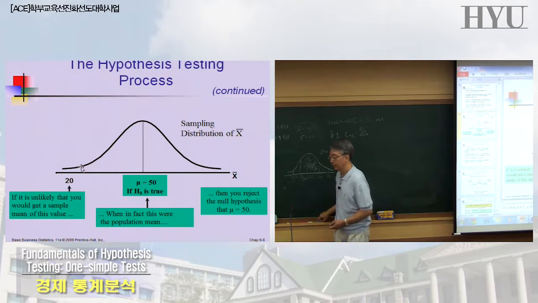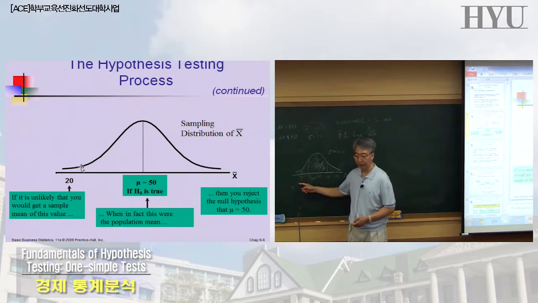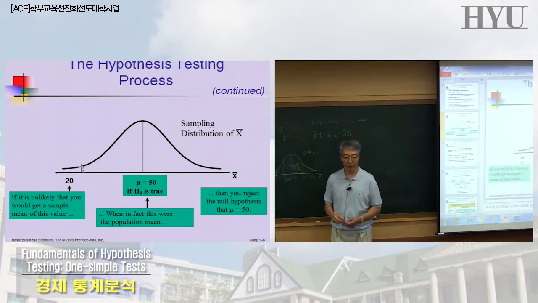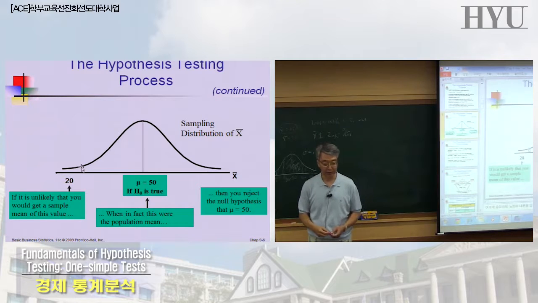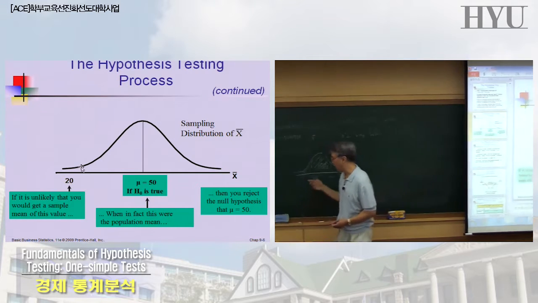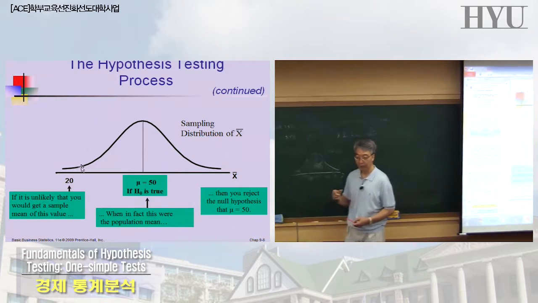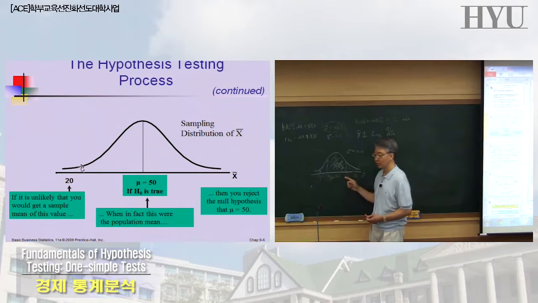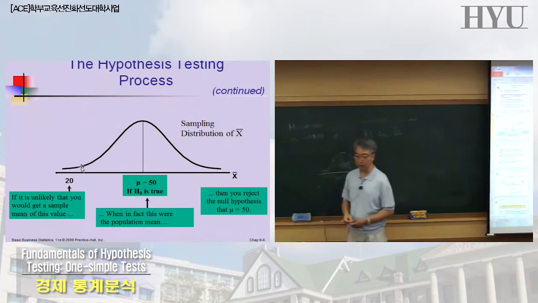So the probability that you will get that small number, 20, as the sample mean, if the population mean was actually 50, is only about 2.5%. So it's highly unlikely that you will get that much difference between the sample mean and population mean. Then with some confidence, let's say with 95% confidence, you can say this is not true.